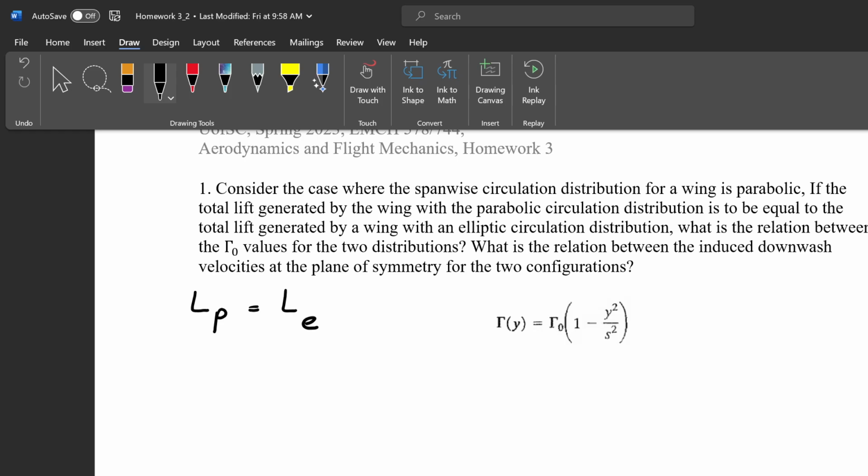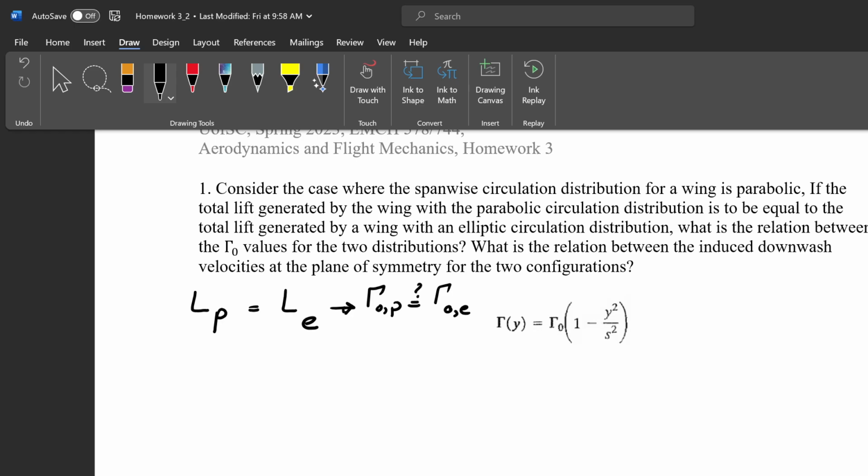We are asked, if this is the case, what is the relationship between gamma naught values for the two? So gamma naught of parabolic, what is the relationship between the two? Gamma naught of elliptic. And what is the relationship between the induced downwash velocities?